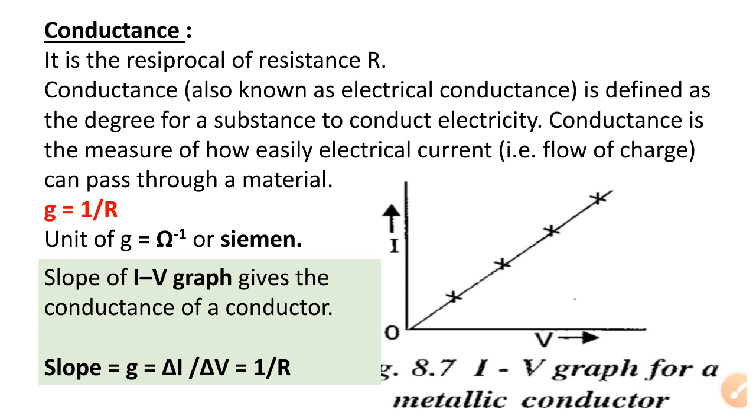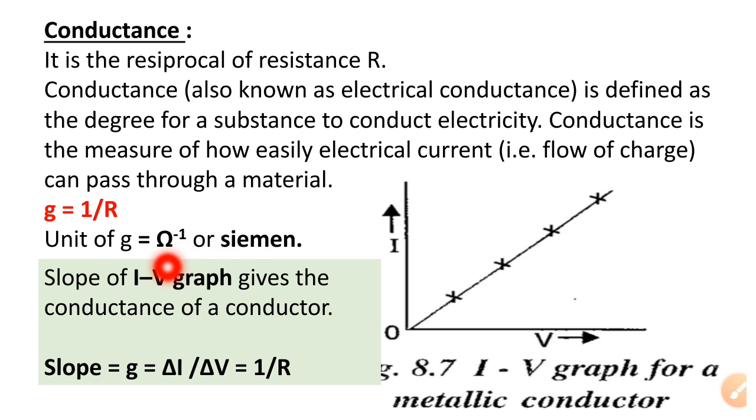So we'll say that R increases, that means the resistive property increases, so the value of conductance decreases, so the degree of conducting current decreases, correct? Now the unit of G, that is the unit of conductance, is per ohm, which is also called Siemens.